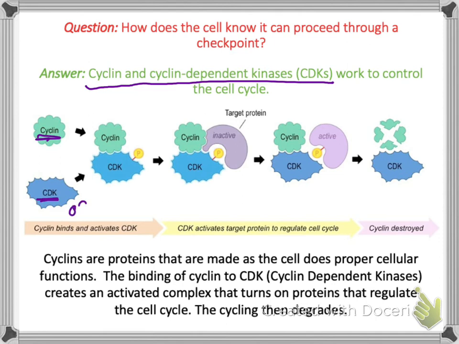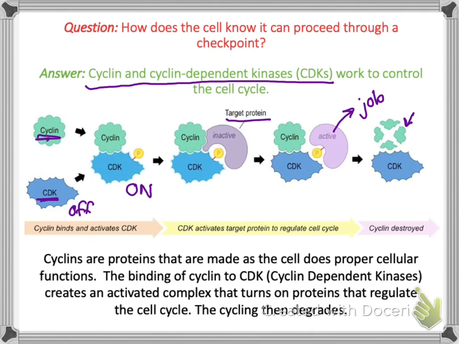So this is off. When cyclin binds to CDK, the enzyme changes shape and turns on. Now cyclins and CDKs can turn on target proteins, and the target protein can go do an important job for the cell. When that is done, cyclin breaks down, but CDK, because it's an enzyme, can be used over and over again.